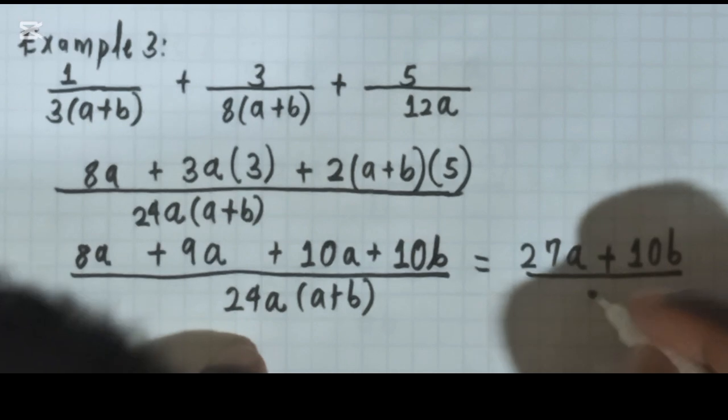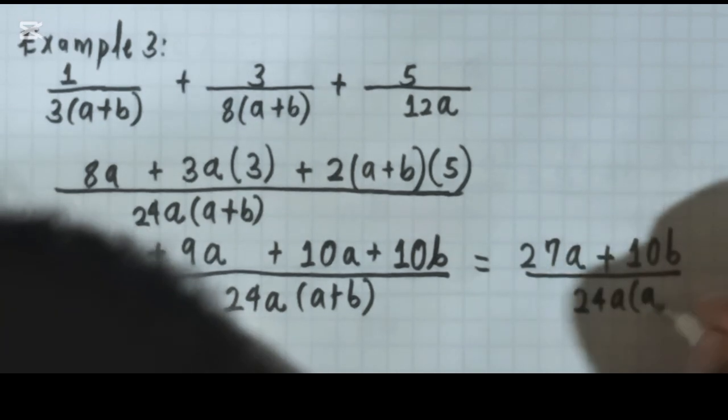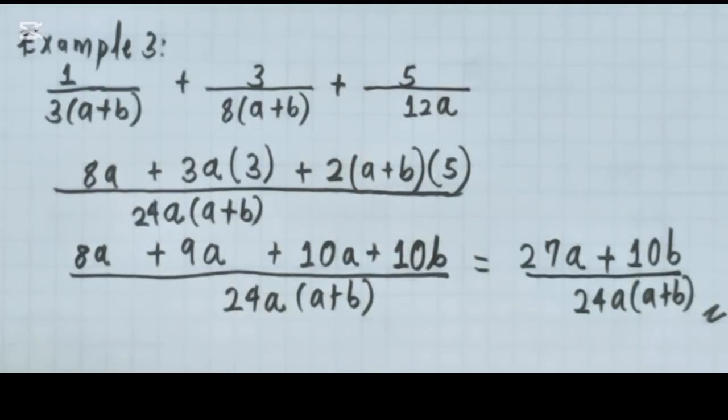So we'll have 27a plus 10b. It has no other like term. And that's all over 24a into a plus b. Being that there's no other way to simplify what we have here, we'll leave our answer at that.